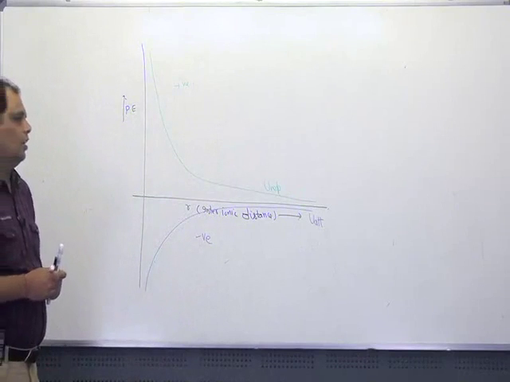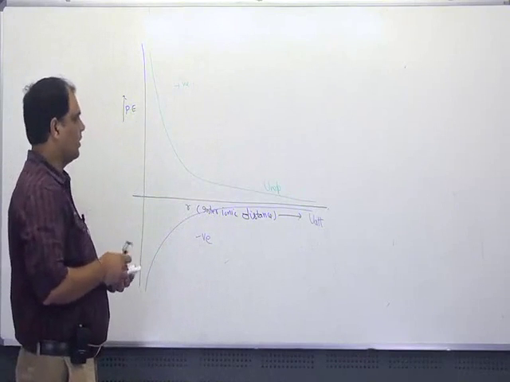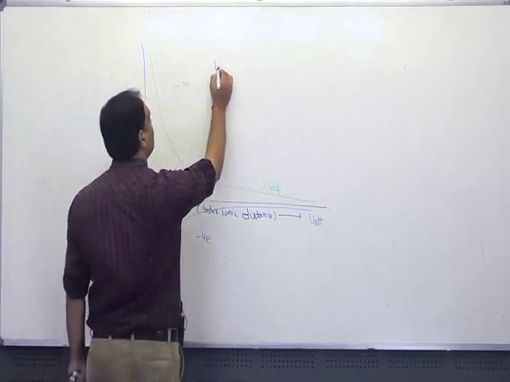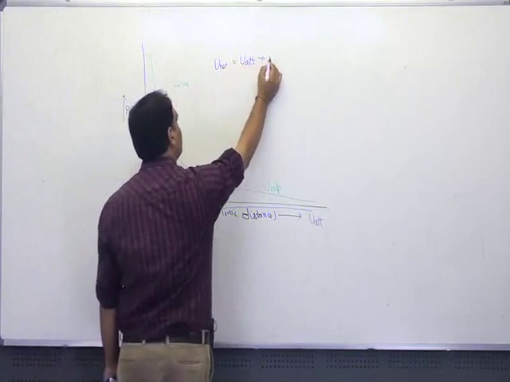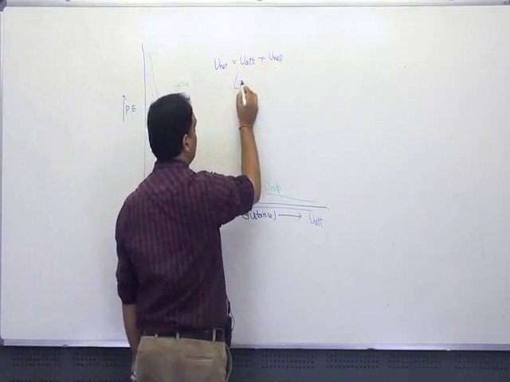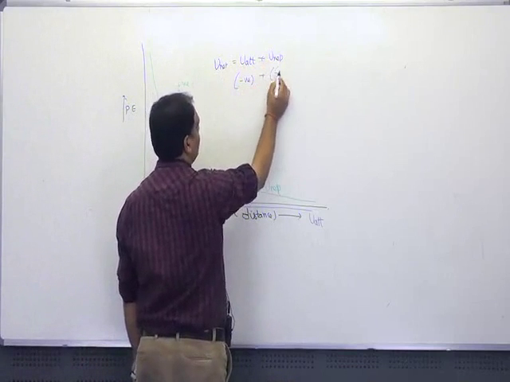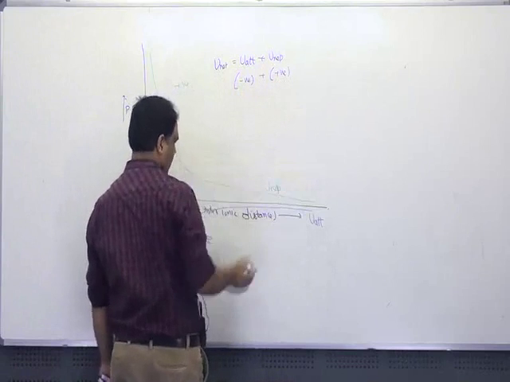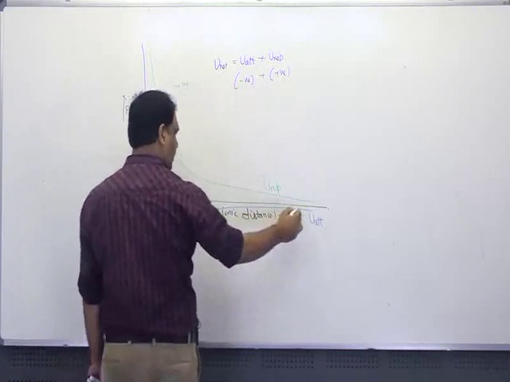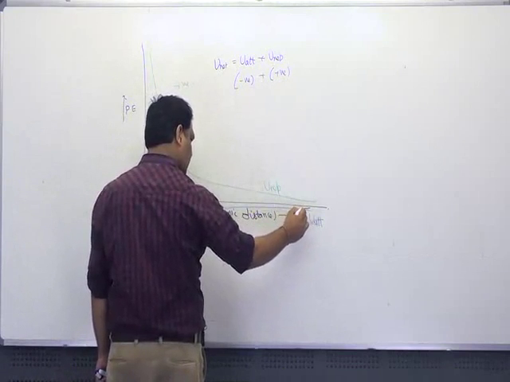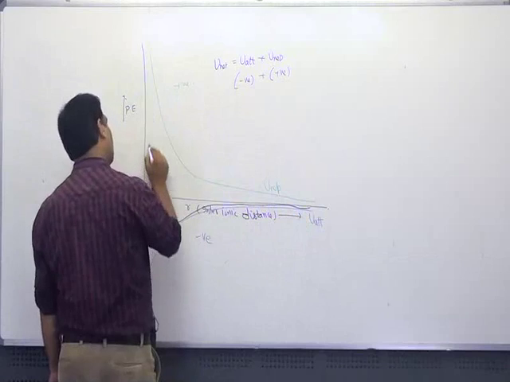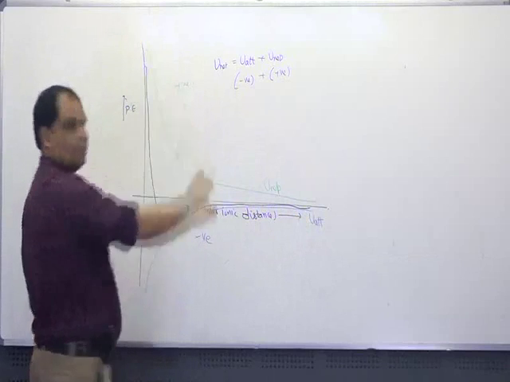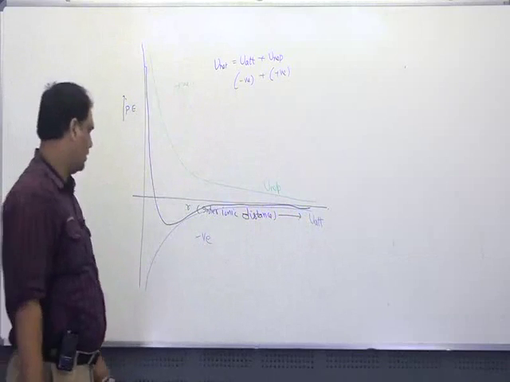Now the net of these two graphs, as usual, U net is equal to U due to attractive force plus U due to repulsive force. This quantity is always negative and this quantity is always positive. The net of these two interactions is this net graph. Now just see it.